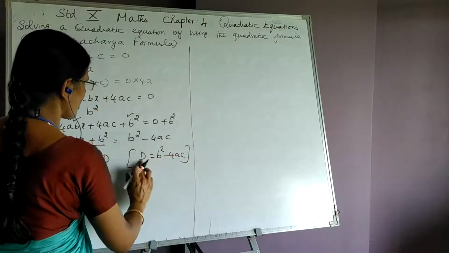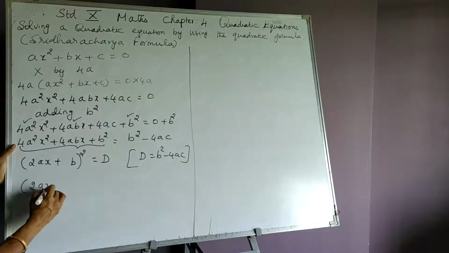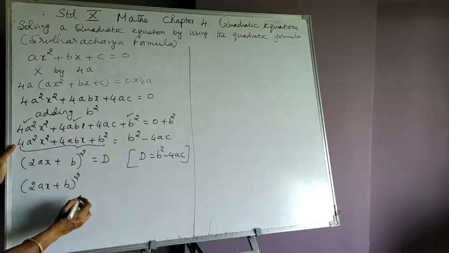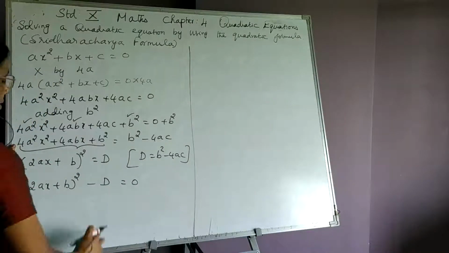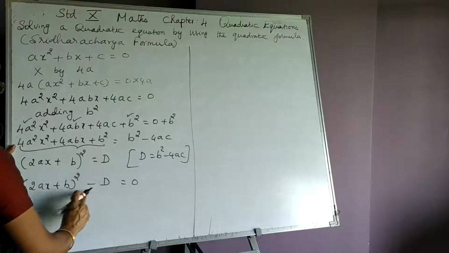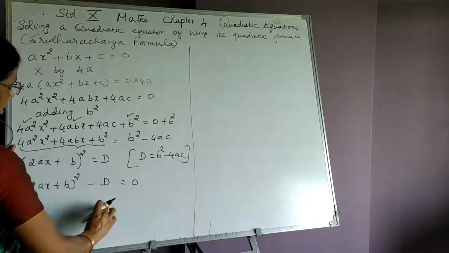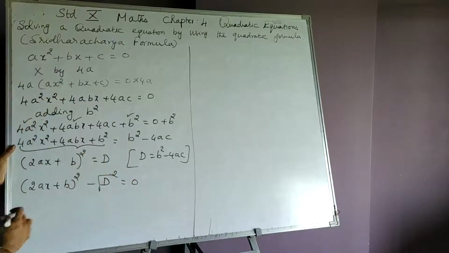Therefore, this is substituted by the term d. It is (2ax plus b) whole square minus d equal to what? Equal to 0. As I told you earlier, whenever a minus sign is there, it can be factorized. Only thing, both should be square terms. If this is not a square term, this can be written as a root square.